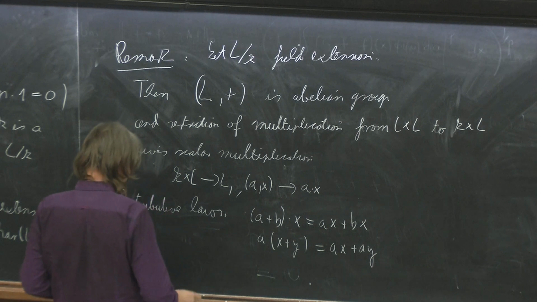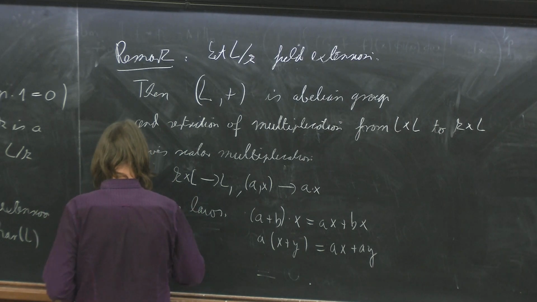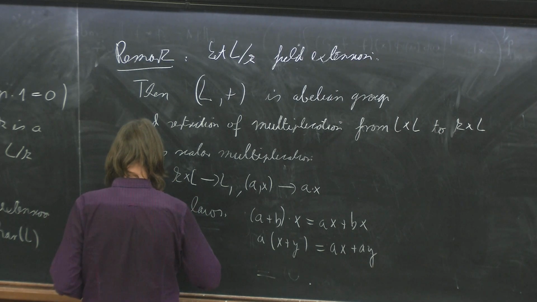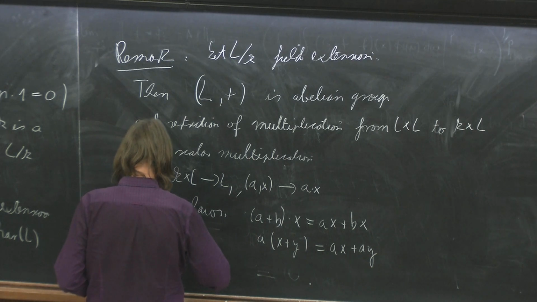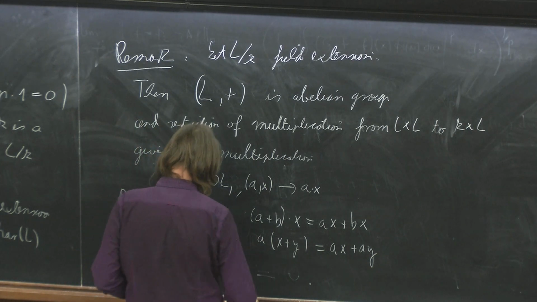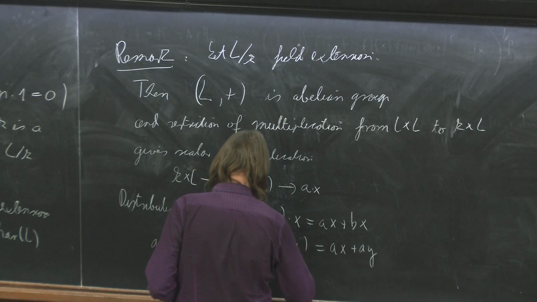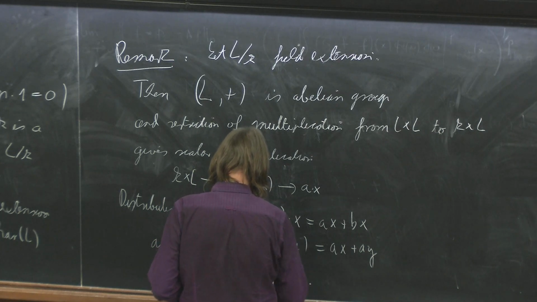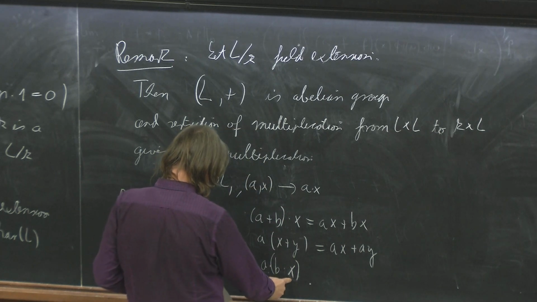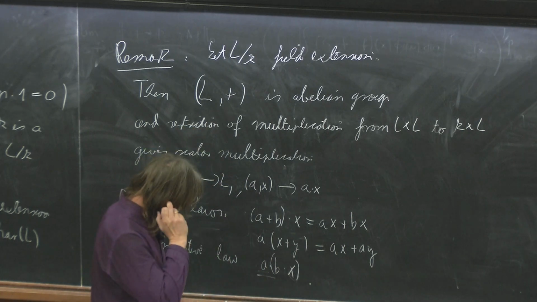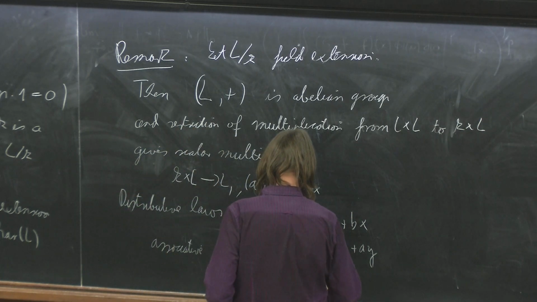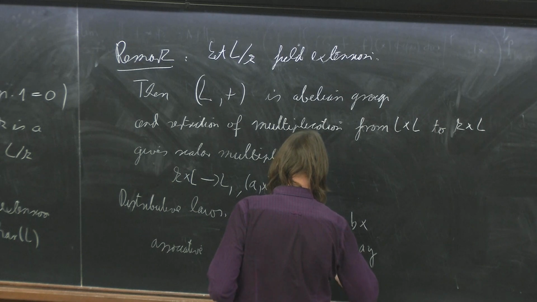And we also have the associative law. If I take a times b times x, where x is an element from L and a and b are from K, this is the same as if we first multiply a and b in K and then multiply it with x.